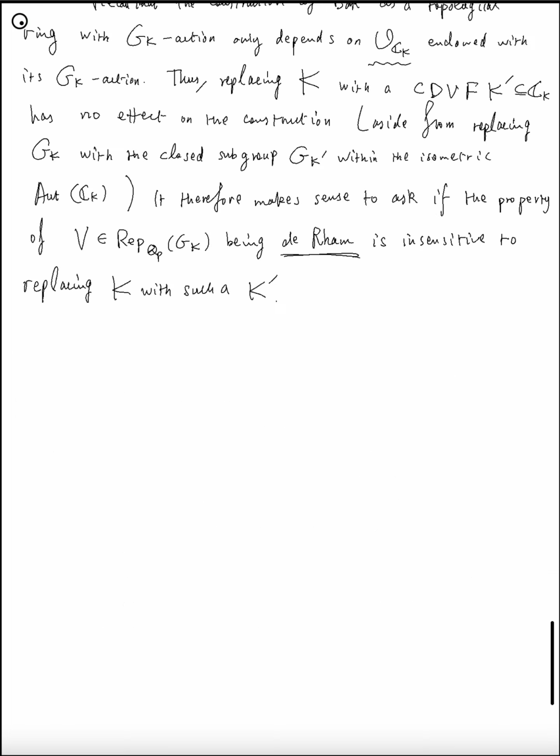The answer is positive. So, second remark. I'm not going to prove this. The proof could be found in the lecture notes online, the CMI Summer School p-adic Hodge theory by Brinon and Conrad.